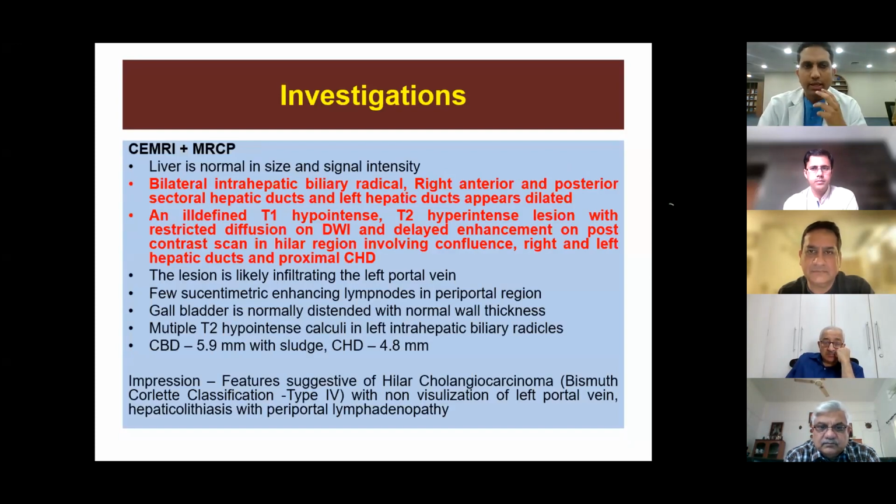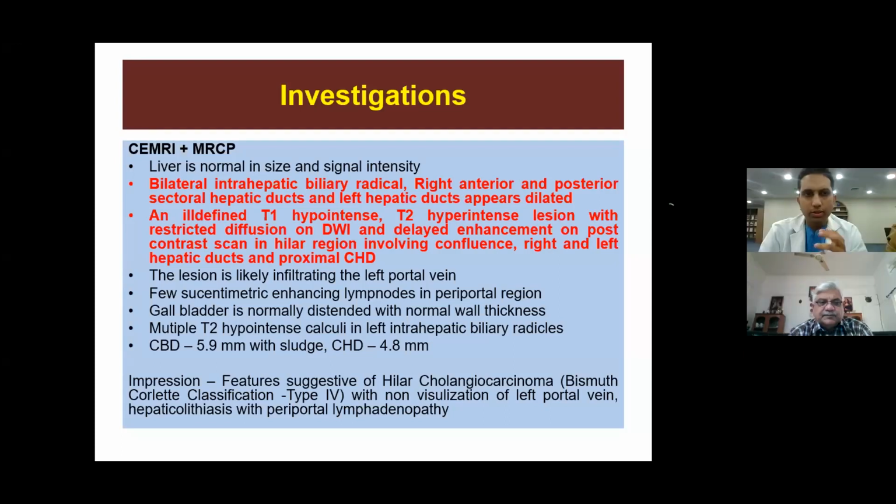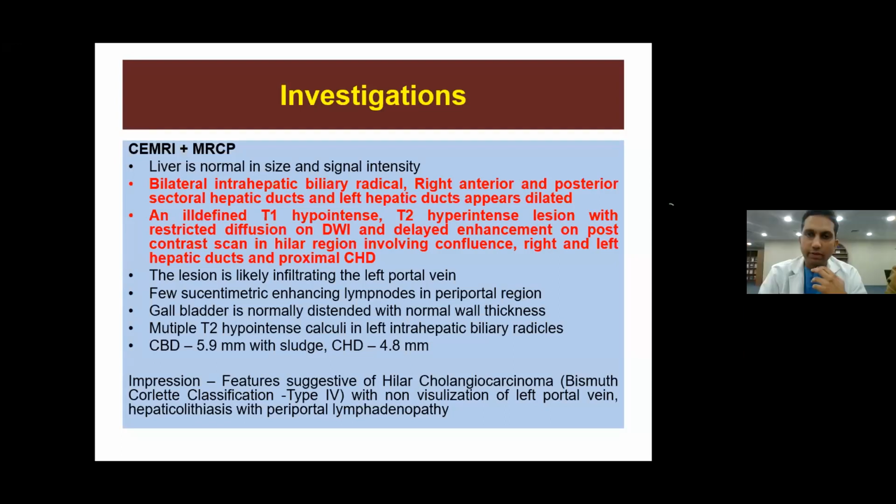So in this case, MRI plus MRCP showed the liver was normal in size and signal intensity. Bilateral intrahepatic biliary radicals were dilated, along with the right anterior and posterior sectoral hepatic ducts and also the left hepatic ducts.